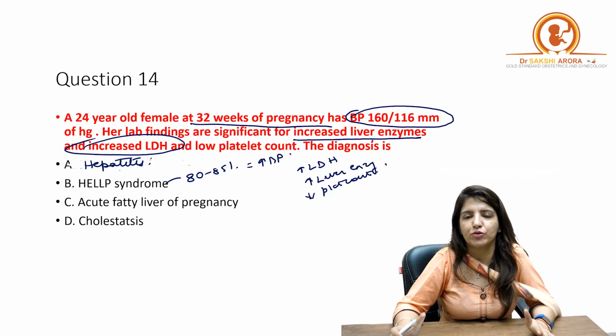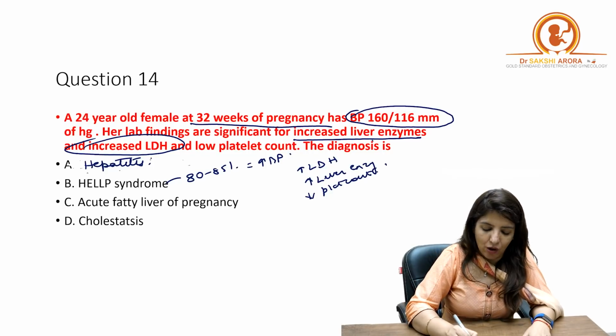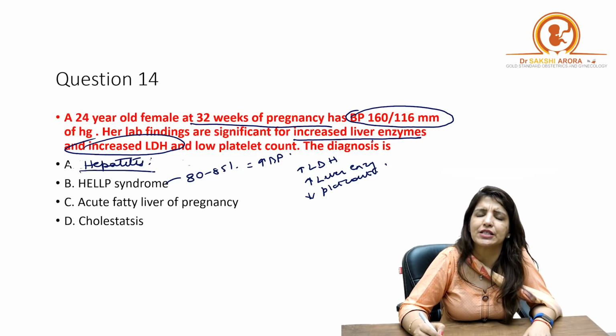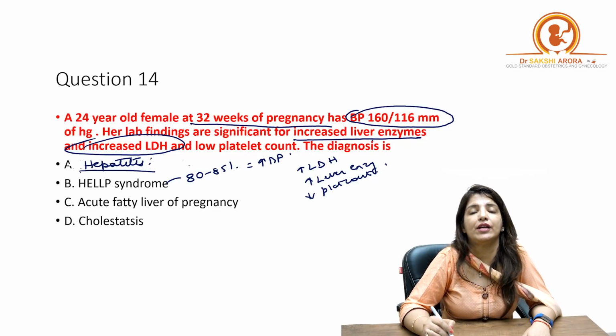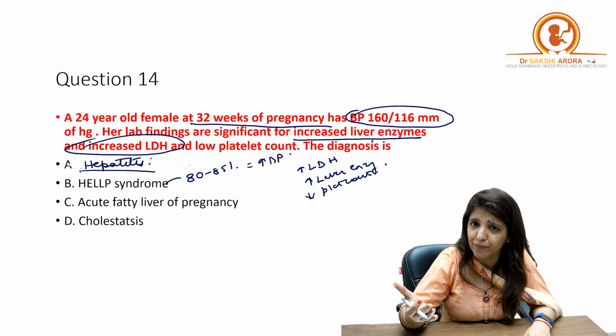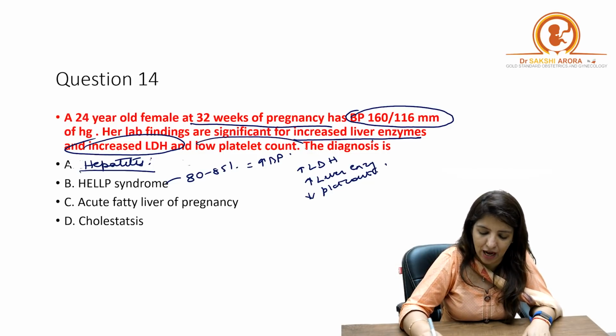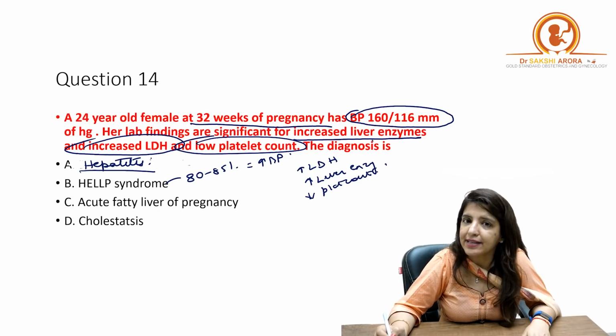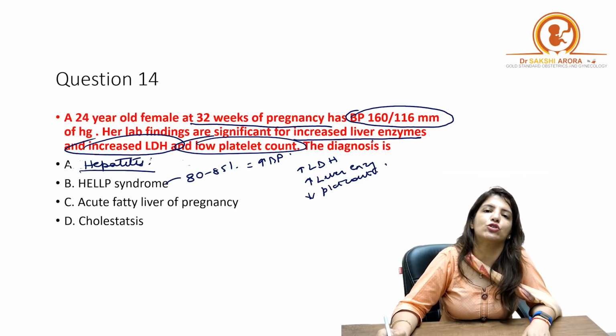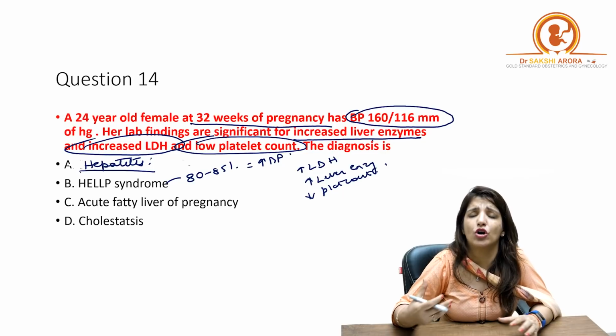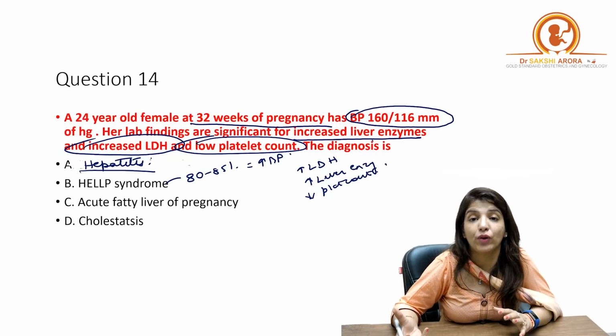Let us see the other options. Why not the other options? Now, hepatitis. Why not hepatitis? Because in hepatitis, the liver enzymes are very high, but there is no reason for low platelet count in hepatitis. And in hepatitis, patient is going to come to you with complaints of nausea, vomiting, anorexia.